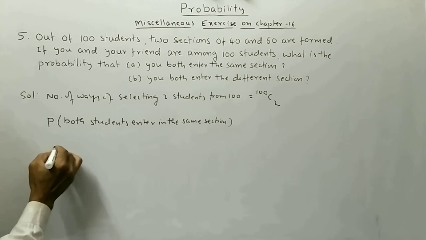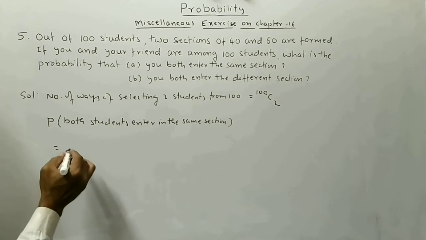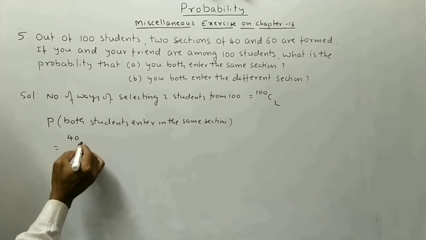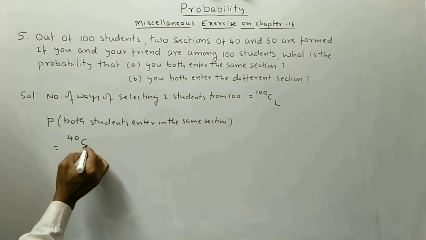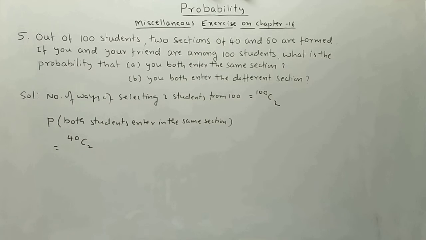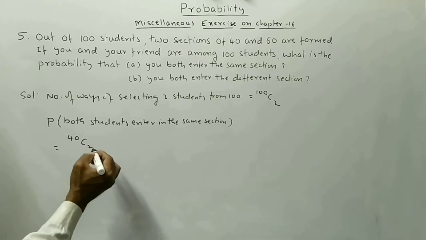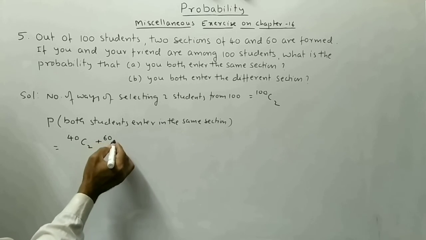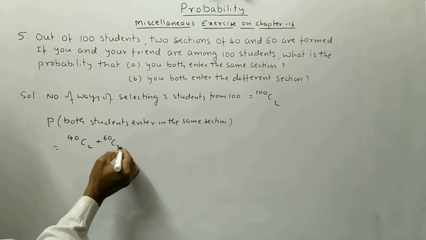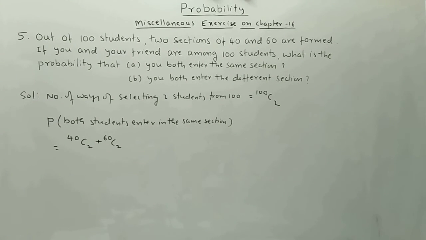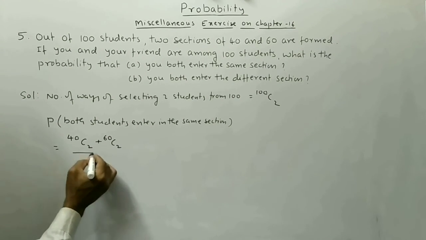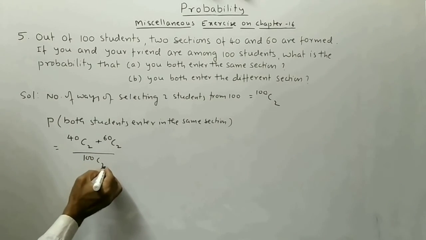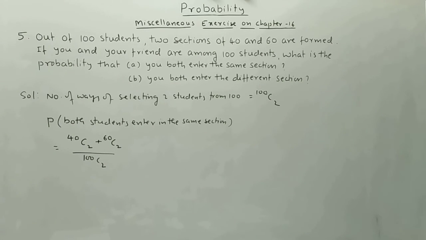is equal to number of ways of selecting 2 from 40 plus number of ways of selecting 2 from 60 divided by number of ways of selecting 2 from 100.